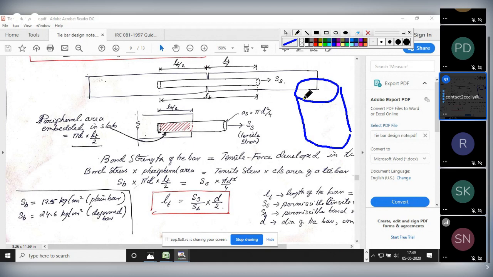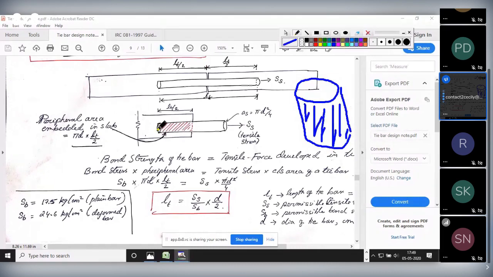If I know the perimeter of this circle, that is 2 pi r, and if we know this length and multiply, we will get that circumferential area, right? Outer surface area.